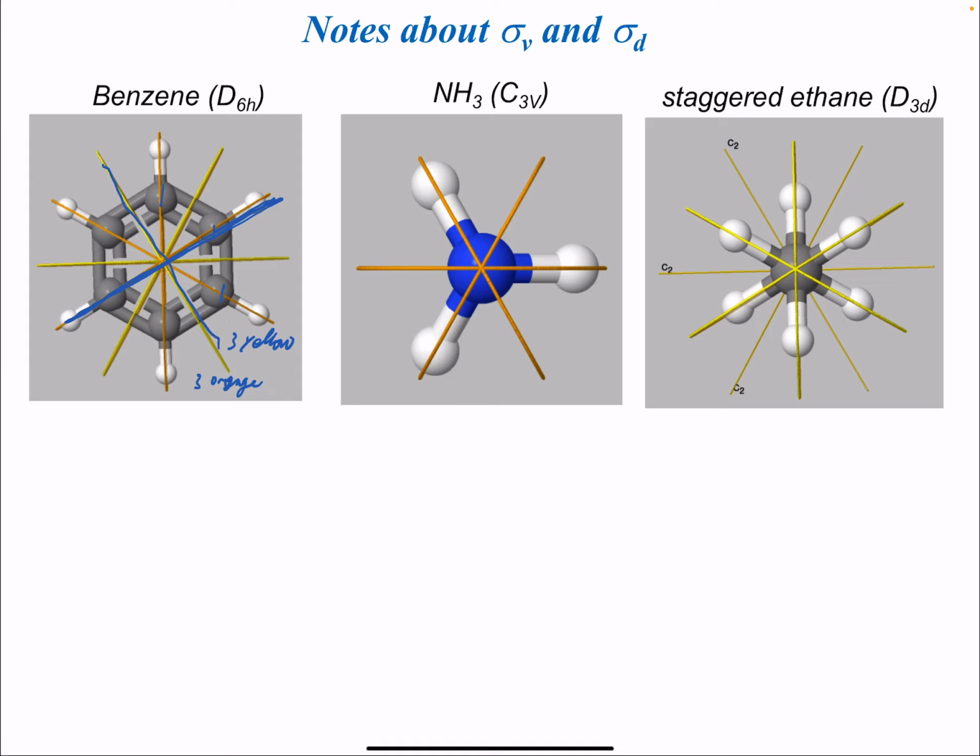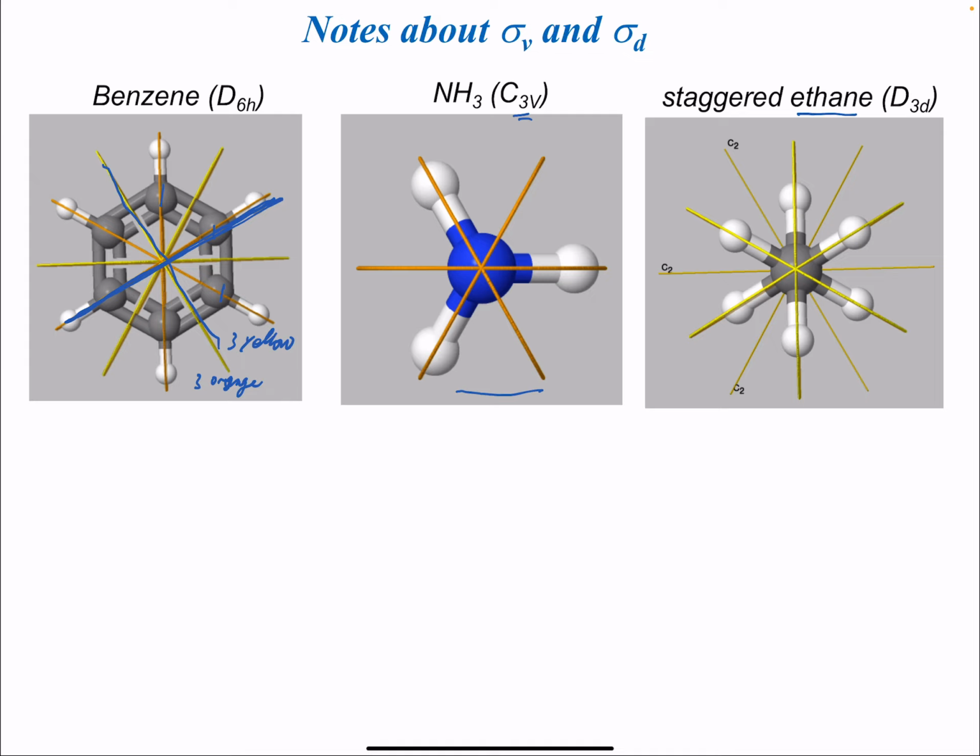As I said, the orange set is sigma v because it crosses more atoms. The yellow set is sigma d because it contains no atoms. They are perpendicular planes.